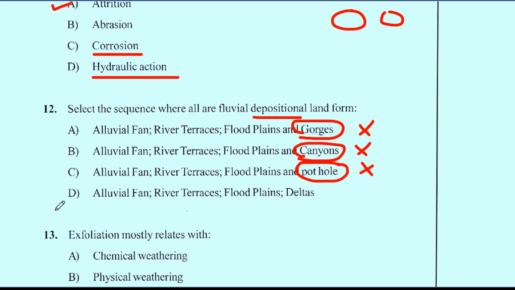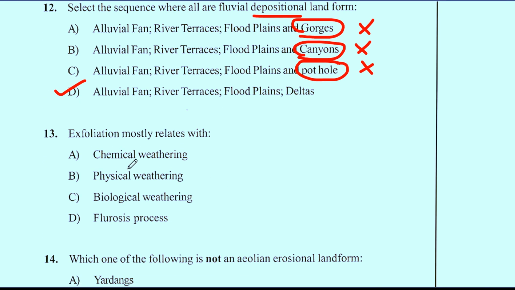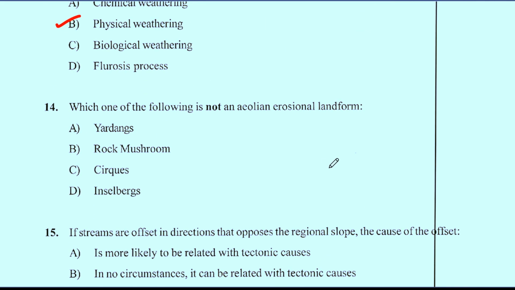Pothole is not a deposit. So our answer is this. Only with this single option we can answer our question. Next question is exfoliation. It is a basic question and its answer is physical weathering. Next question: not an aeolian deposit. Oh, aeolian erosion.